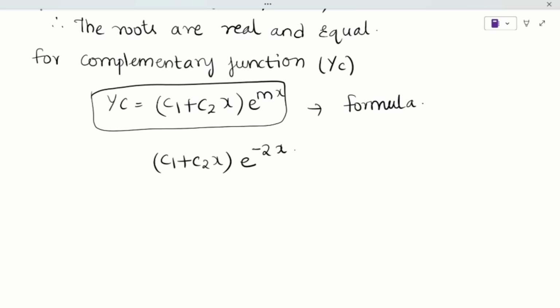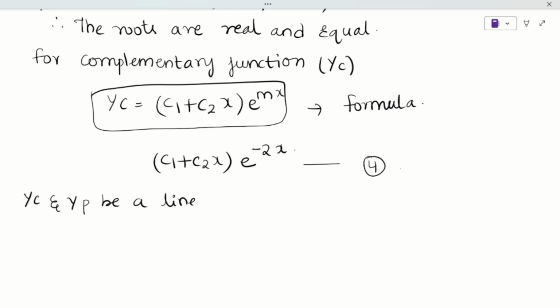Now finding the particular integral; the complementary function is finished. I am taking this as equation 4. Now going to the particular integral. What do we mean by particular integral? Here no term of q of x is common with yc.